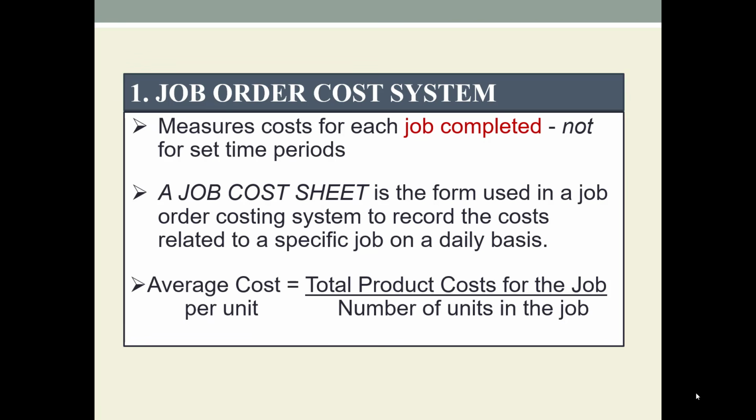Right, in a job order cost system, we will measure cost for each job. We will use a job cost sheet to record the costs for each job, and we can easily calculate a cost per unit by adding up all of the product costs, direct materials, direct labor, and overhead allocated, and divide by the number of units in the job.